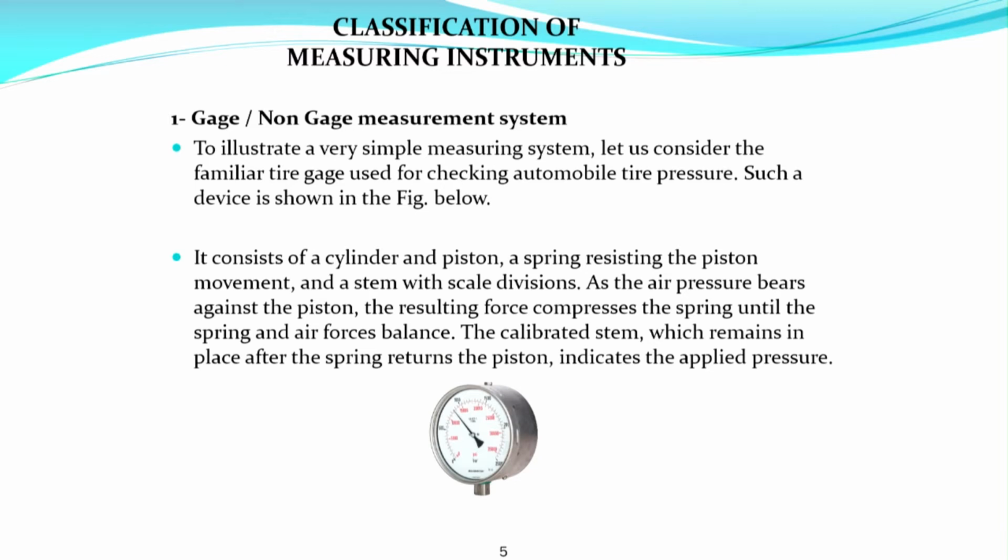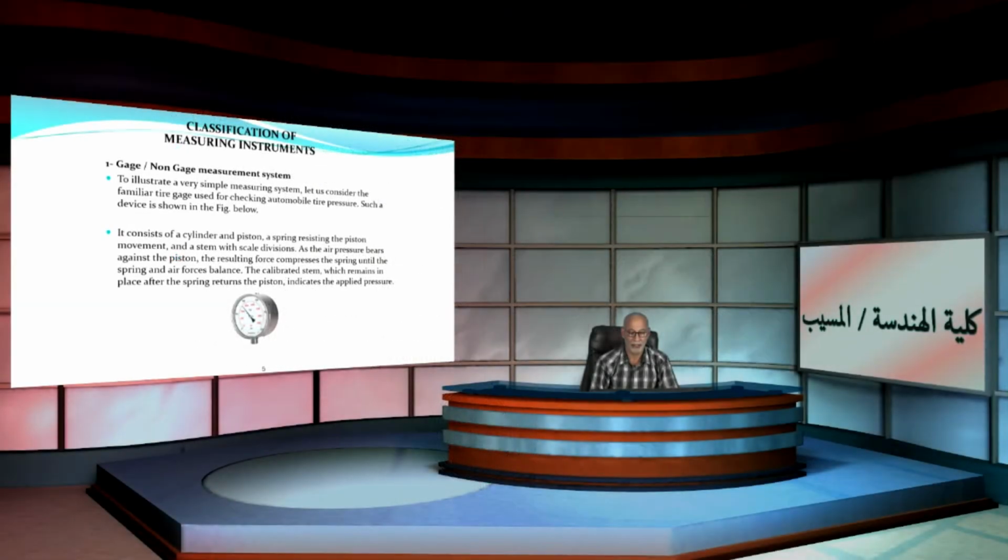As the air pressure bears against the piston, the resulting force compresses the spring until the spring and air forces balance. The calibrated stem remains in place after the spring returns. The piston indicates the applied pressure.